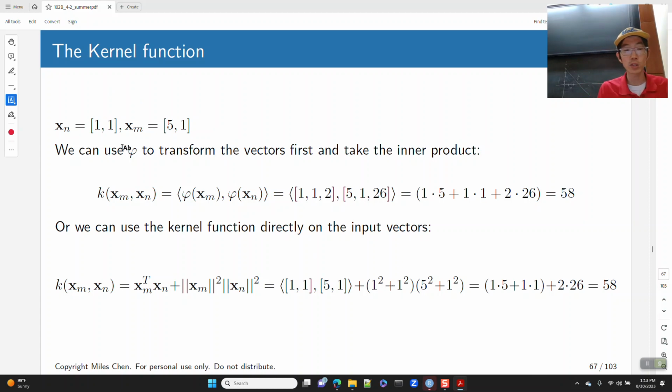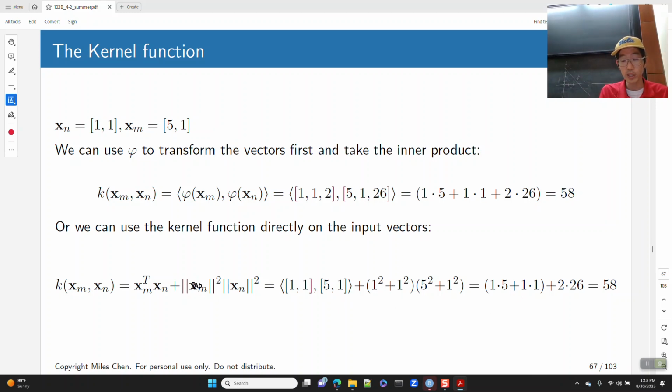So if I do (1, 1) and (5, 1), we know if I transform them, I get 58. Or I can just do xm transpose xn, the inner product of (1, 1) and (5, 1), and that's going to give me 6.